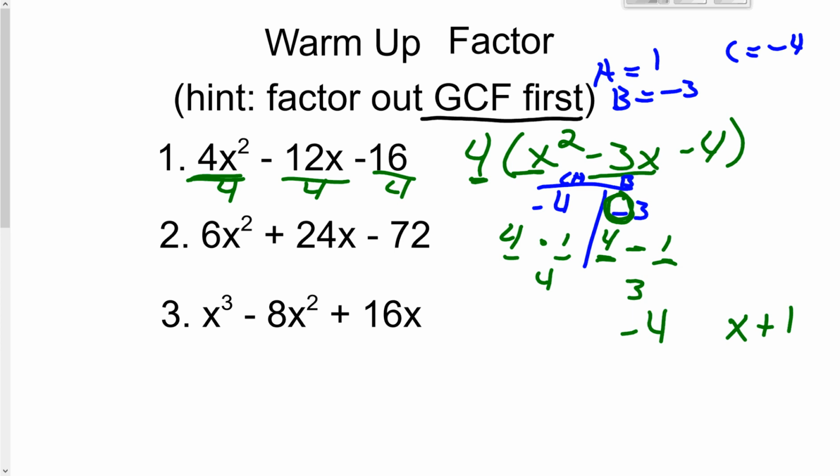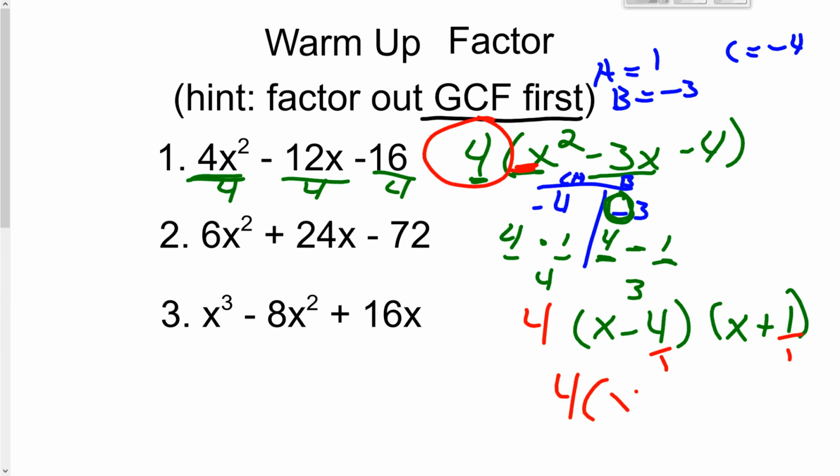So x plus 1 and x minus 4. Don't forget to divide by your a. My a here is 1, which divided by a is not going to change anything. But I need to remember also to put out that 4 from the beginning that we factored out first. So here's our answer, number 1. Okay, so that's factored completely there.